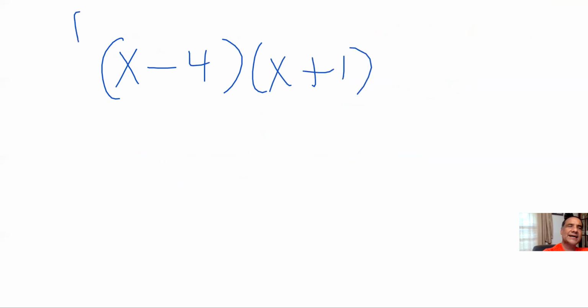You might recall we did something yesterday called FOIL, or you did something in another class called FOIL. This occurs when you multiply binomials.